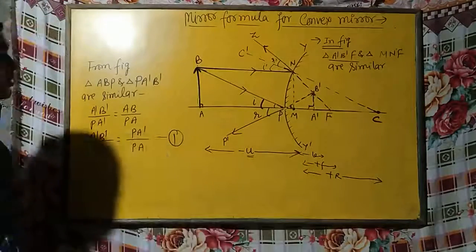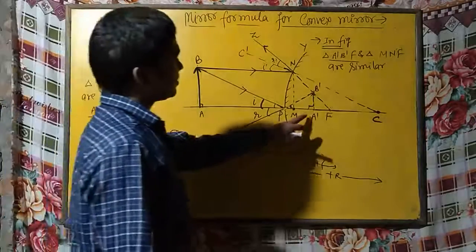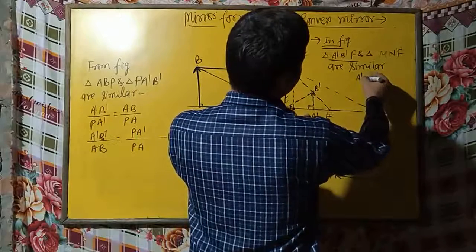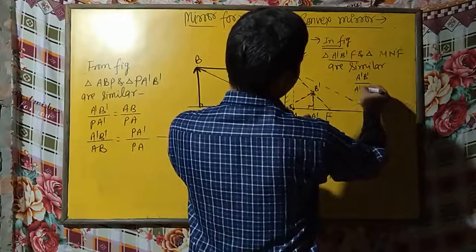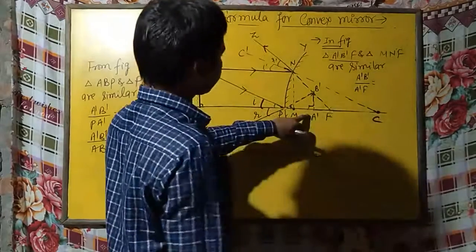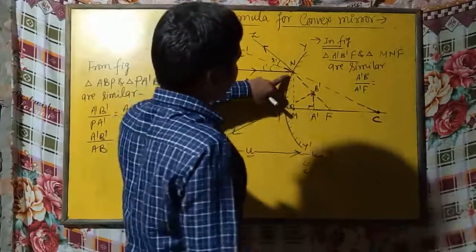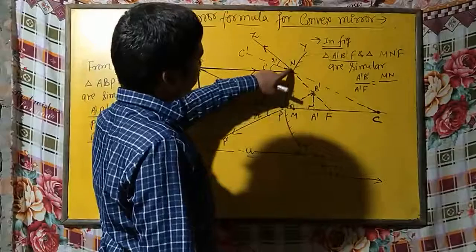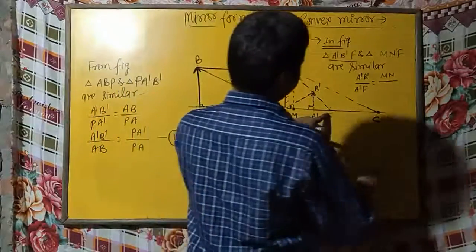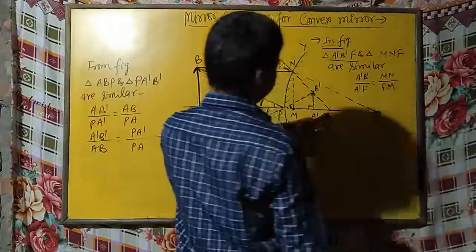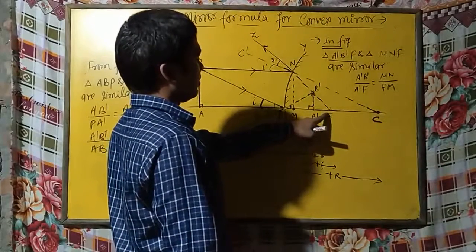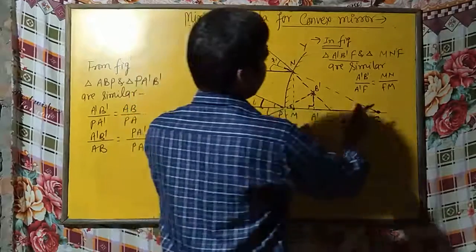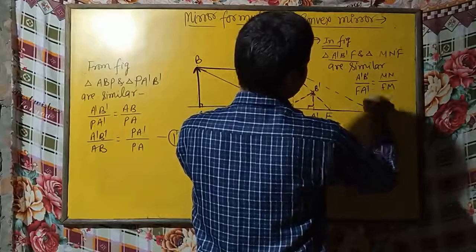Okay, so let us write for these two triangles here. You can write A'B' upon A'F is equal to MN upon FM, and this A'F can be written as FA'.